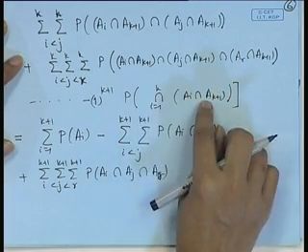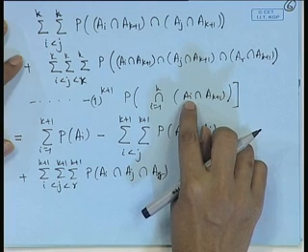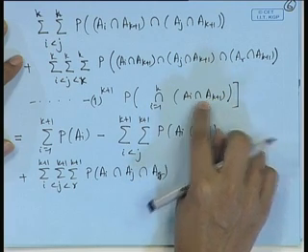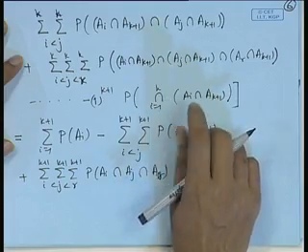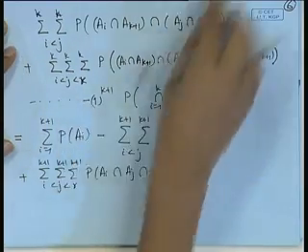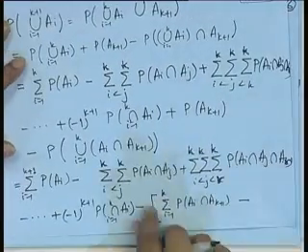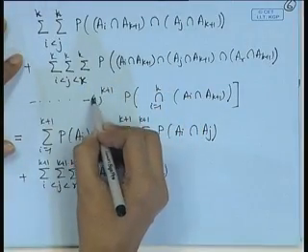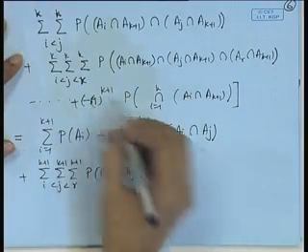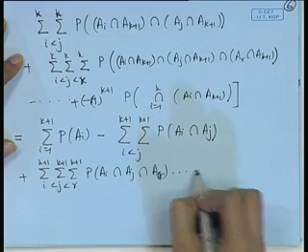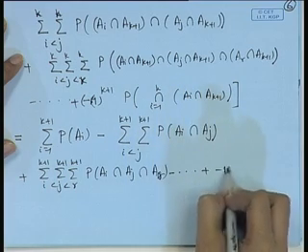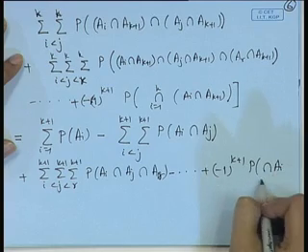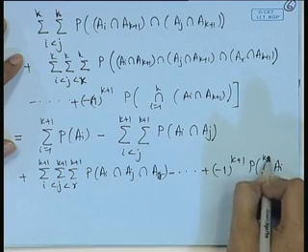If you look at this term, this is actually intersection of all of the Ai's from i is equal to 1 to k plus 1, and since there is a minus sign outside of the square bracket, this becomes minus 1 to the power k plus 2. So, you will get minus 1 to the power k plus 2 probability of intersection i is equal to 1 to k plus 1.